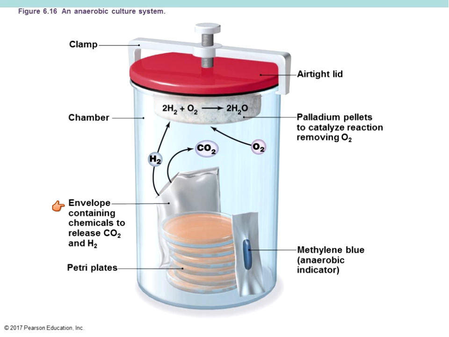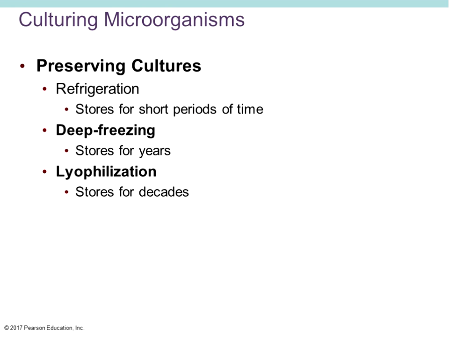So we put in there an envelope that contains chemicals that will release carbon dioxide and hydrogen, rack our Petri plates upside down, and this methylene blue is our indicator for whether or not we have achieved anaerobic conditions. When this hydrogen and carbon dioxide gas comes out, it will be attracted to the pellets in here, and it removes all of the oxygen from this chamber. And it causes it to be anaerobic.